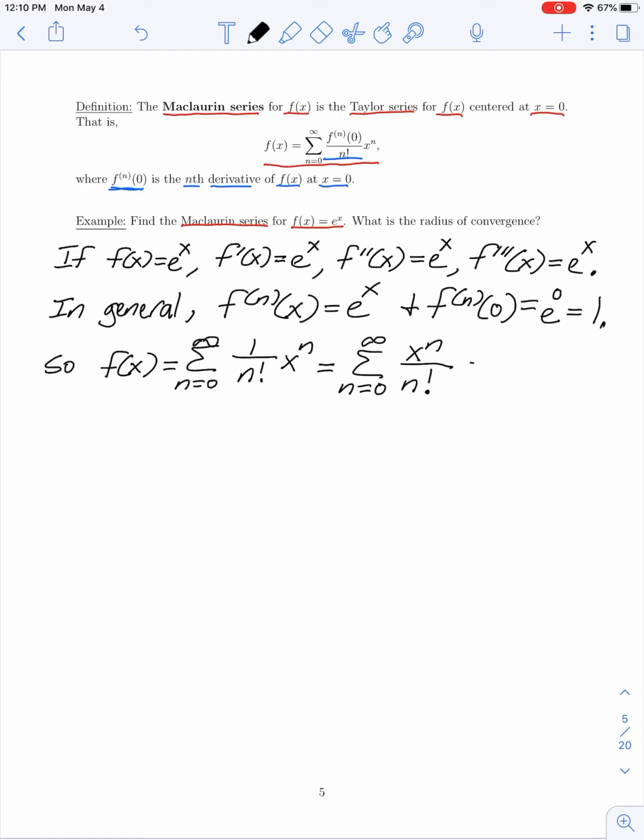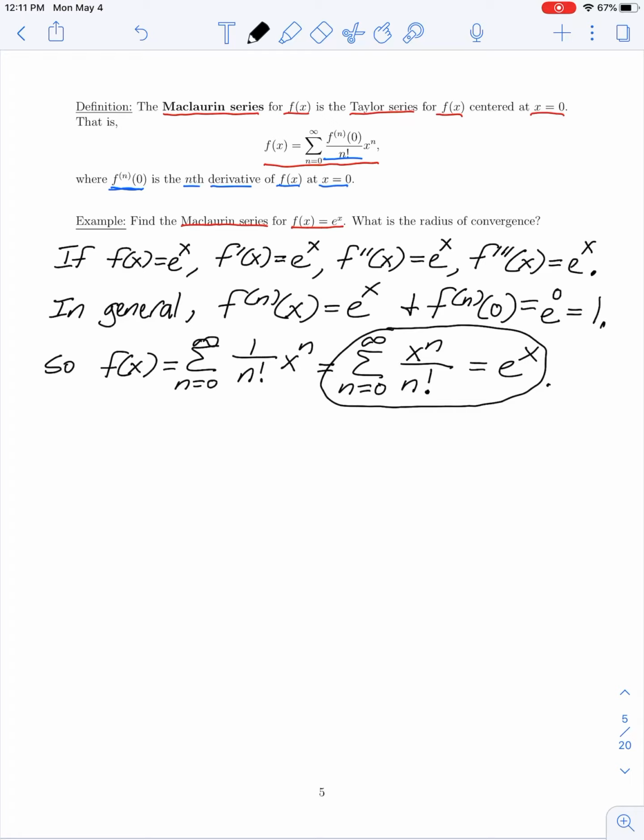So this, again, is a representation of the function e to the x as a power series centered at 0. And we want to know the second half of this question, what is the radius of convergence? So where can we represent e to the x in terms of this power series?